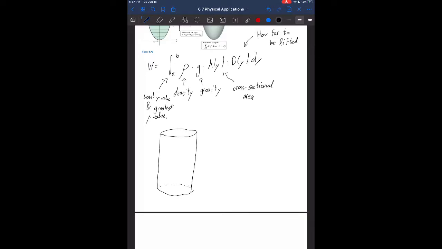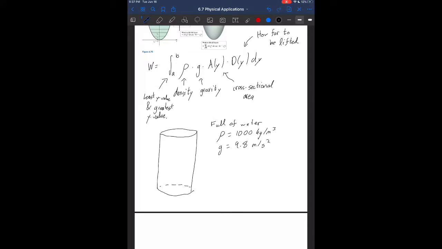It's full of water, which means we're going to get a density of 1,000 kilograms per meter cubed. G still 9.8, we're on Earth, meters per second squared.